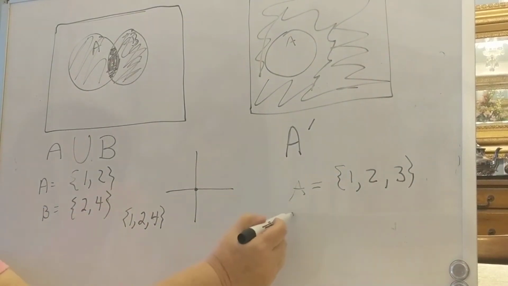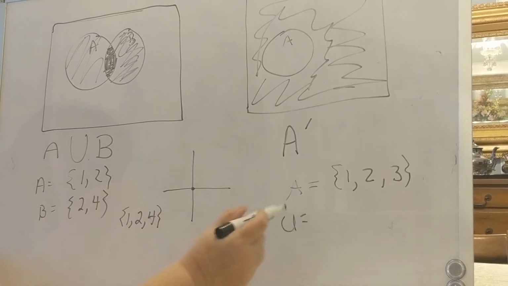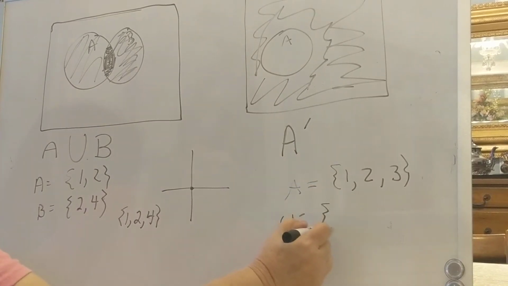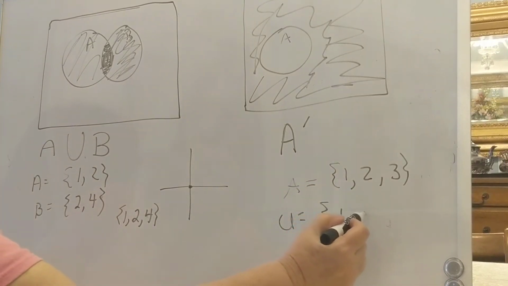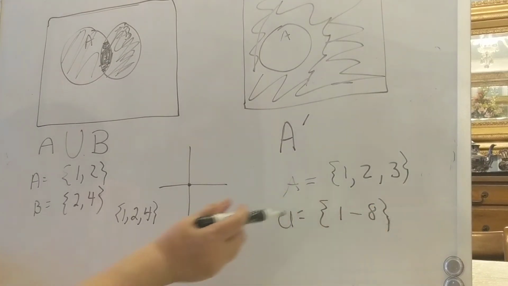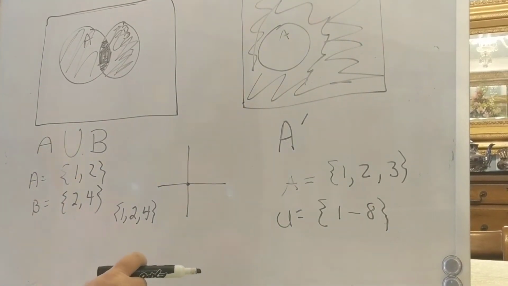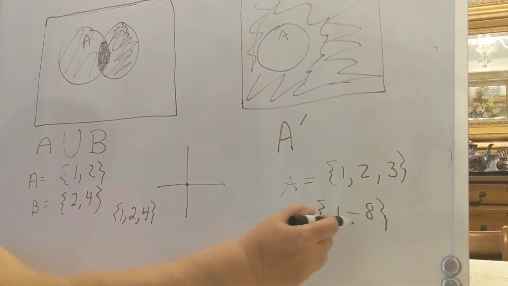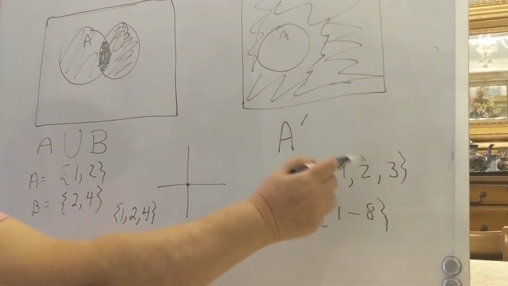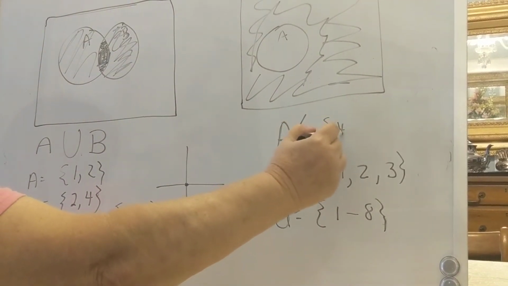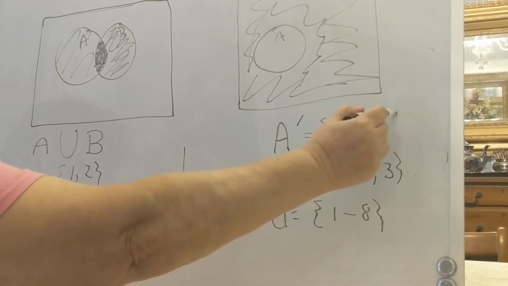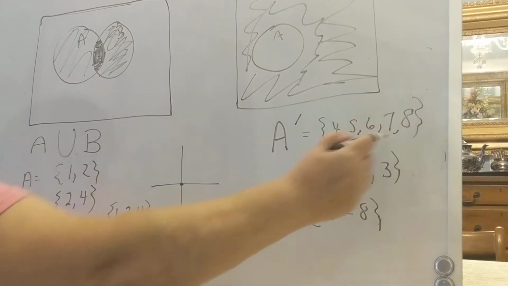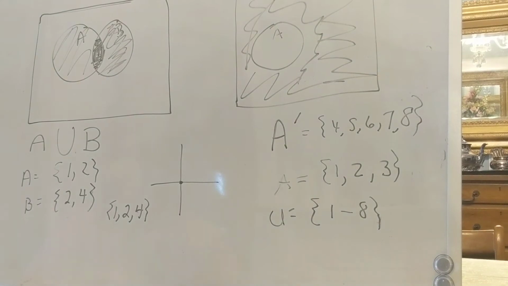Well, we have to have what's called the universal set. Where do we stop? What set are we choosing from? Let's say we're going from the numbers 1 to 8. So A contains 1, 2, 3. The ones in the universal set that are not here would be 4, 5, 6, 7, and 8. Okay? All right.